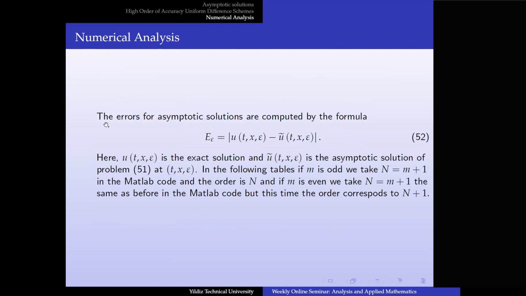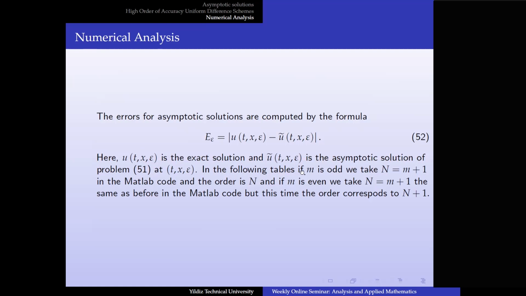So for the error analysis, the errors for the asymptotic formula are computed by the error formula 52. Here u of t, x, epsilon is the exact solution, and u tilde is the asymptotic solution of problem 51.